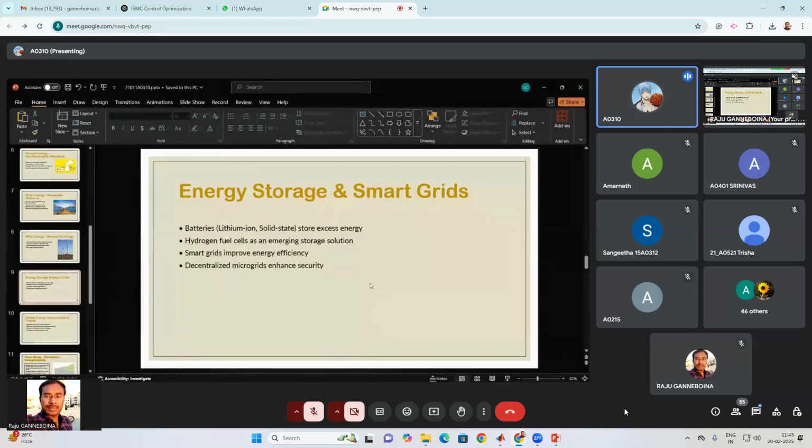These are coming into the picture these days. They convert stored hydrogen energy into electricity, which is also clean and efficient energy storage. And integrating smart grids with digital technologies like IoT and AI can also increase the efficiency of electricity distribution. Decentralized microgrids also enhance the reliability of electricity in disaster-prone areas or remote areas.